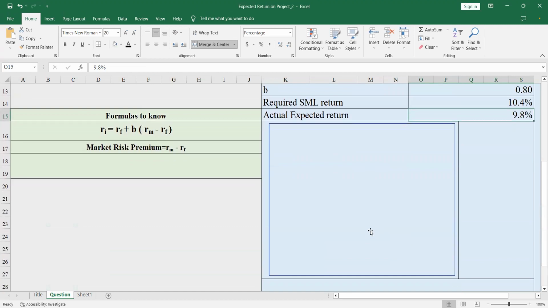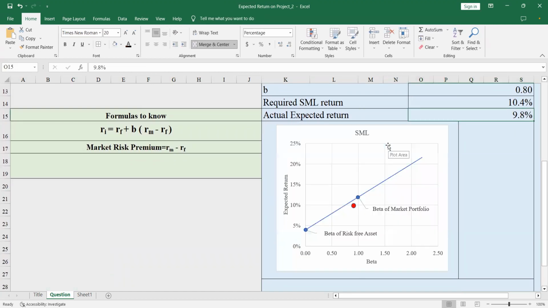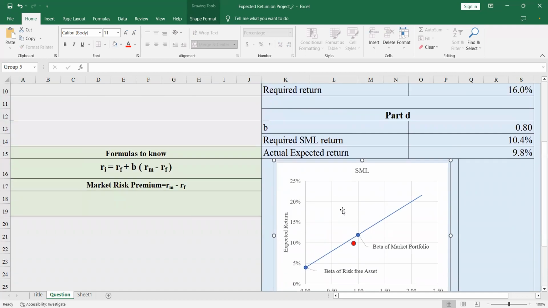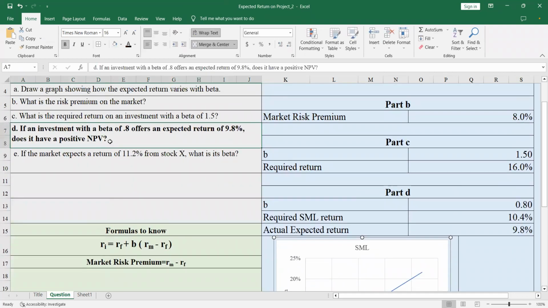Looking at the SML line that we created, we plot this point at 0.8 beta, where the actual expected return is only 9.8%. That's this red dot, which is below the SML line. So the question is, does this project have positive NPV?